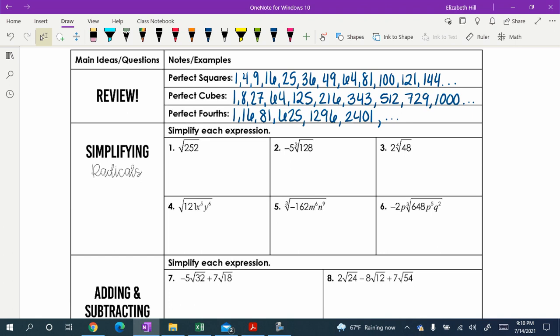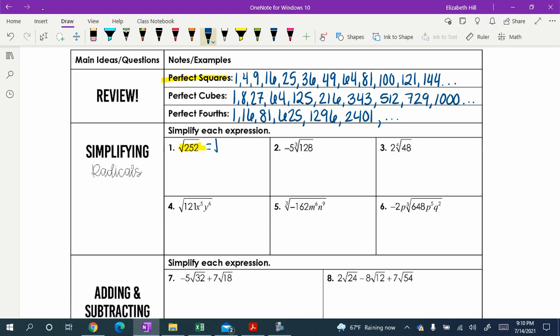Starting out with just a square root here of 252. What I like to personally do, since you're working with a square root, is look at the perfect squares and see which perfect square 252 evenly goes into. If we start out here, we will find that 36 works.